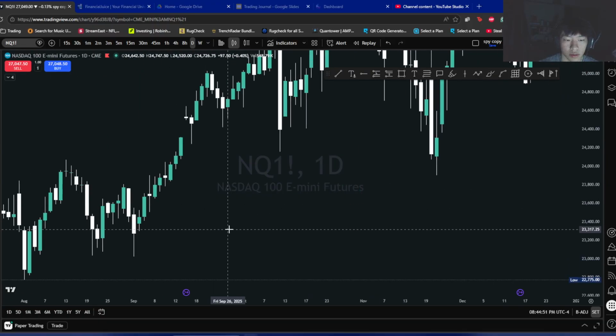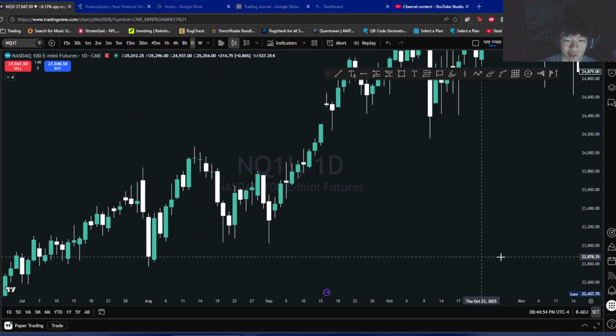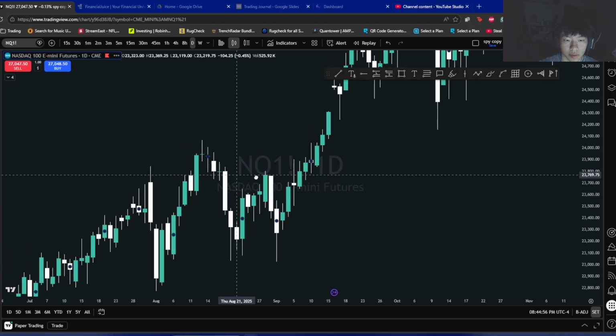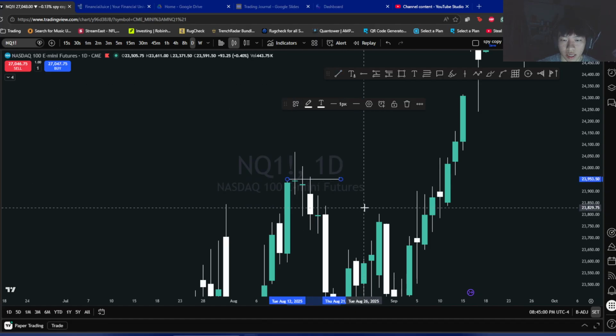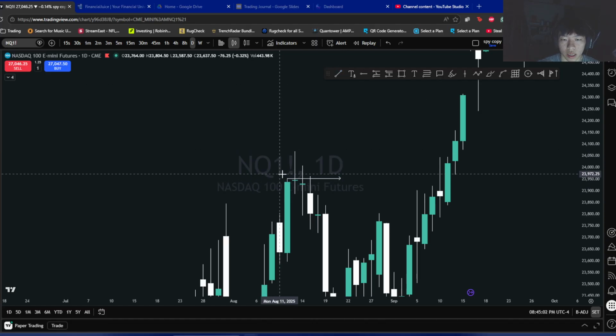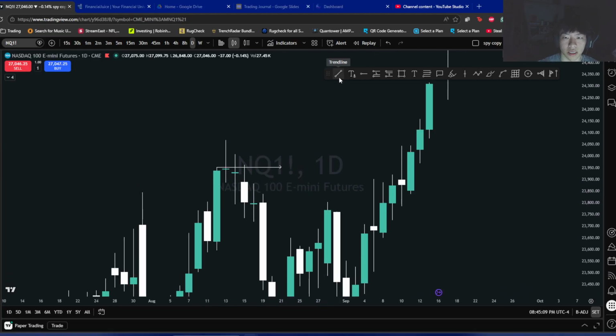such as this one. This right here, we see this candle has a wick, it takes out this high, and we reject back into the range. What could we expect to see?